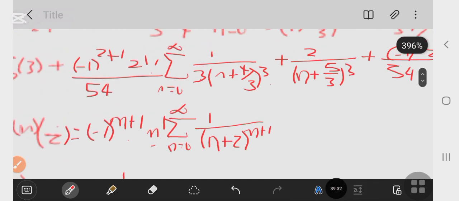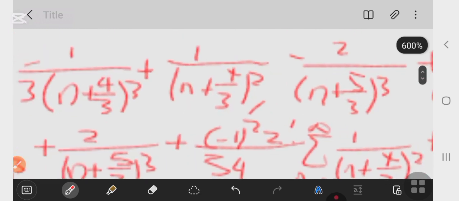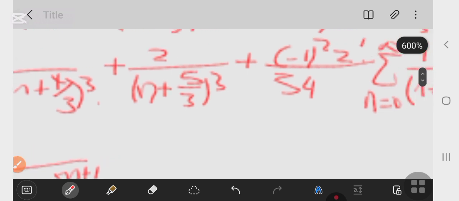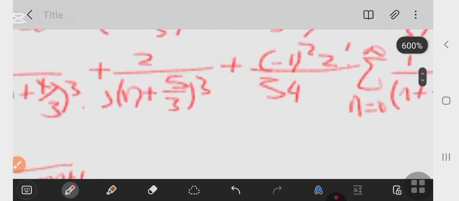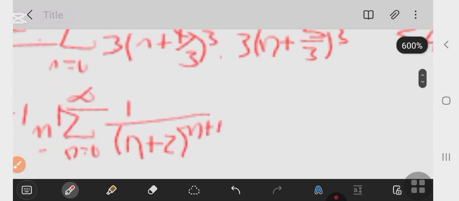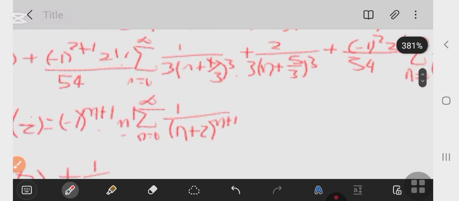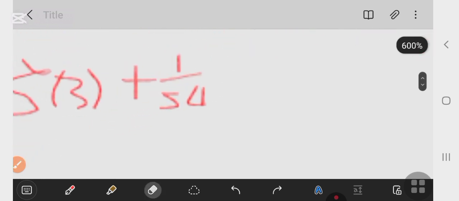Okay, so while decomposing this into partial fractions, I missed something here. There's a 3 here, so if there's a 3 there, this one will also have its own 3. So that 3 will multiply these 3 here, will be factorized to multiply 54, so that I'll have 54 times 3, which is 162.